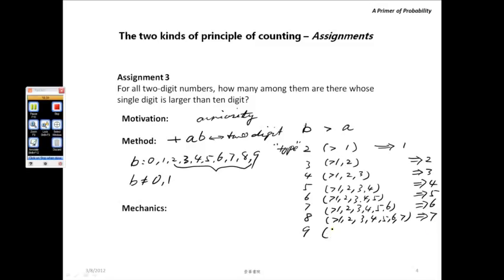And finally 9 larger than all of them, 1 through 8, means 8 different ways.